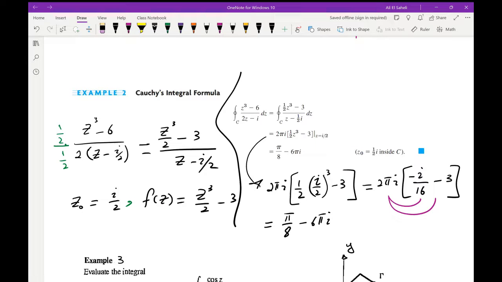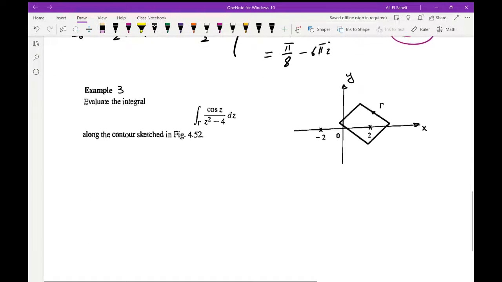Otherwise, if we are told that this is outside C, then simply the integral would be 0.